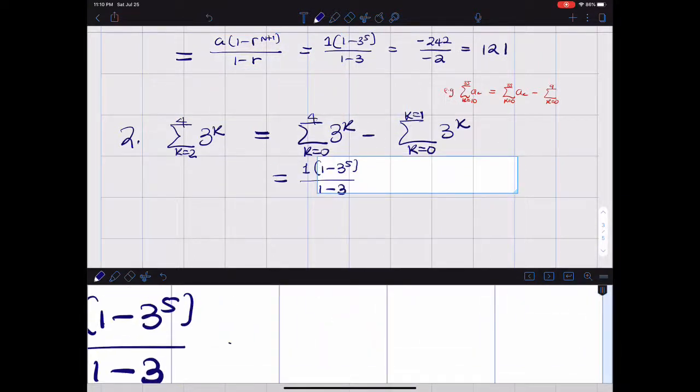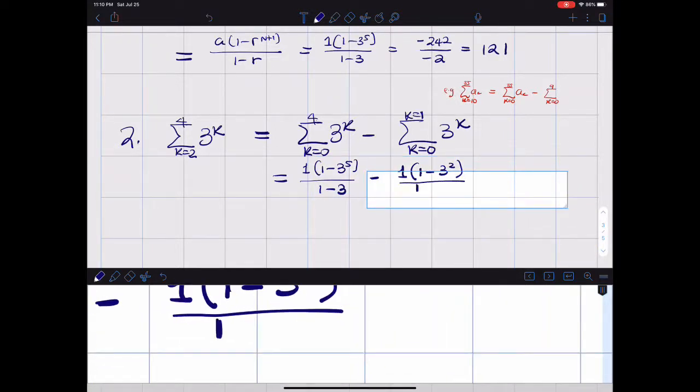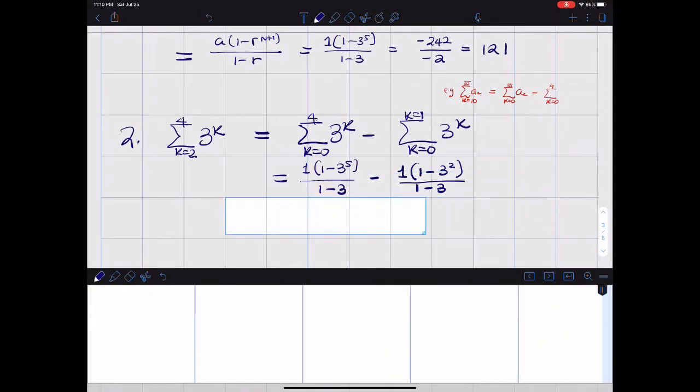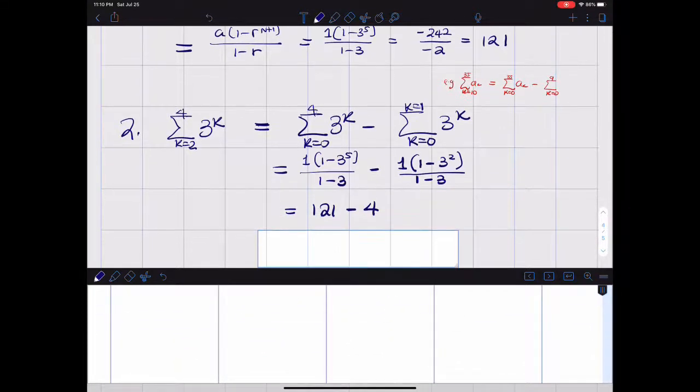And then we're just going to subtract, we're going to do again 1 minus 3 to the power of 1 plus 1, which is 2, all over 1 minus 3 again. So if you do this right, you're going to get 121, and I think that is 4. So this is 117.